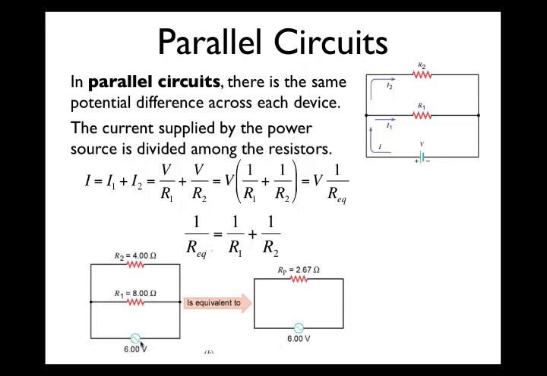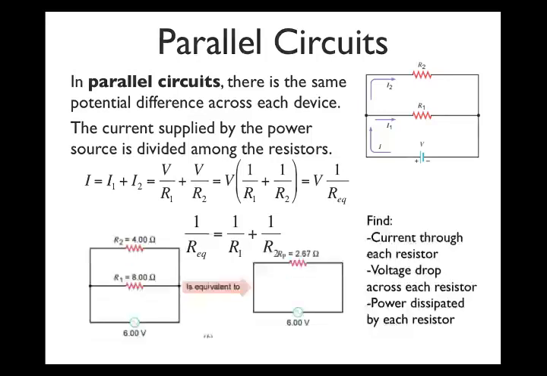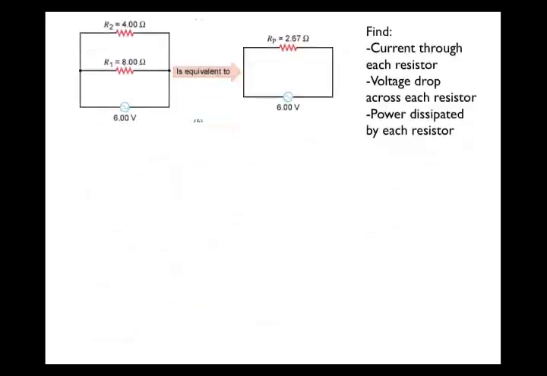The little squiggle you see here on the power supply technically means that this is an AC power supply, alternating current. But we've yet to introduce what alternating current is or how to reason about that. So I'm actually going to just treat this as a direct current power supply for the analysis in this particular problem. Once again, we want to find how much current's going through each resistor, what's the voltage drop across each resistor, and how much power is dissipated by each of these resistors.